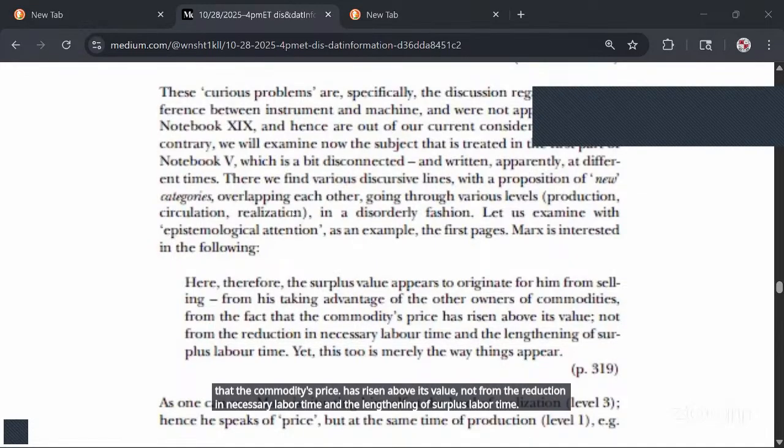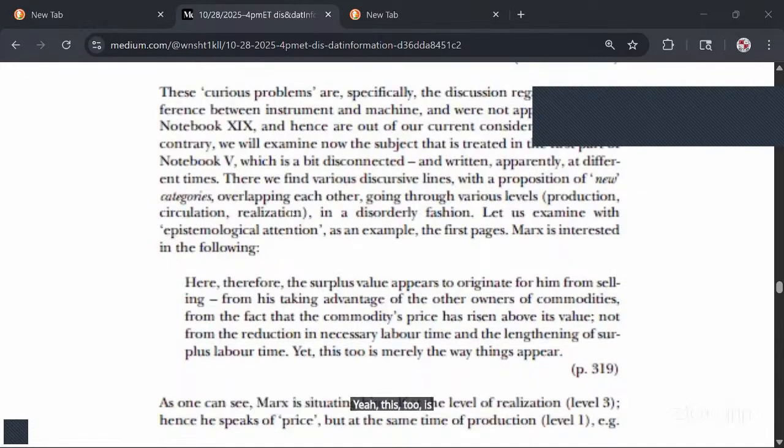Yet, this too is merely the way things appear." And yes, that requires epistemological attention, one could assert.